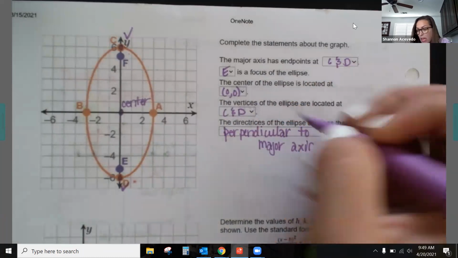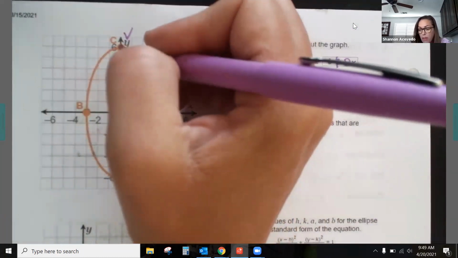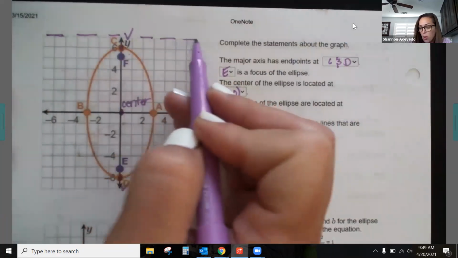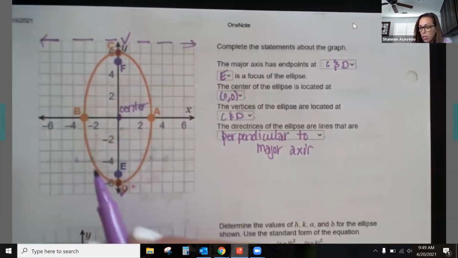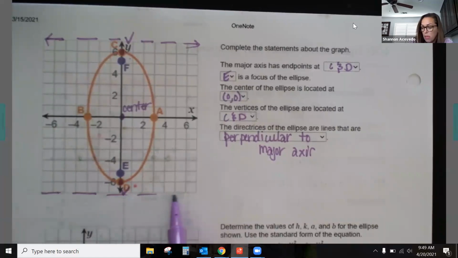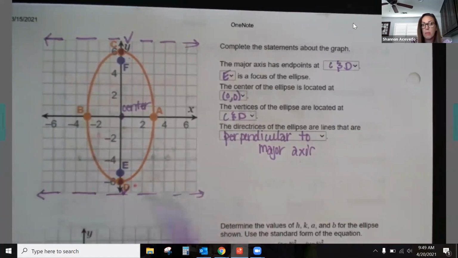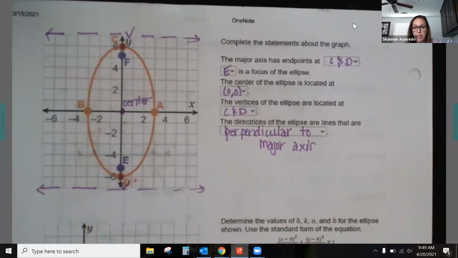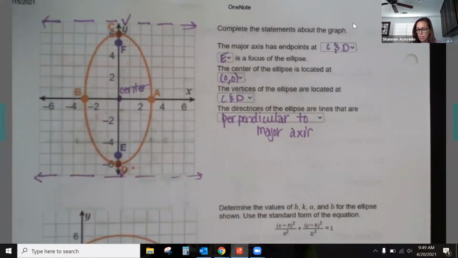Remember, if this is my major axis, these are my vertices, then my directrices are going to go this direction, horizontally. If it's a vertical ellipse, then the directrices are going to be the opposite. They're going to be perpendicular to it. Questions?